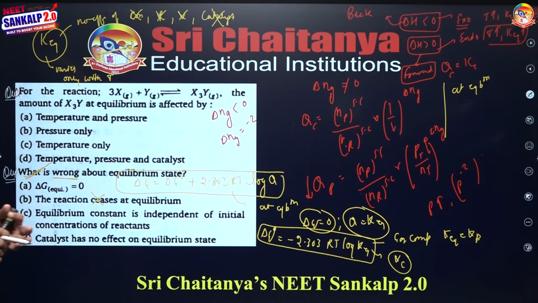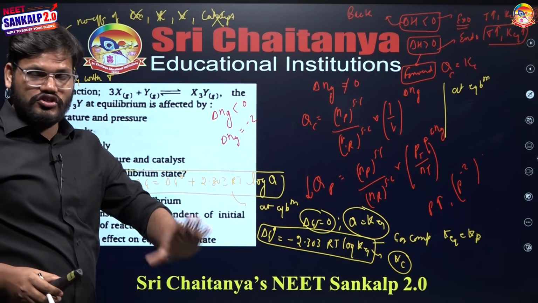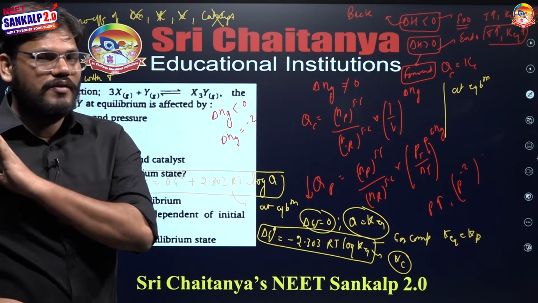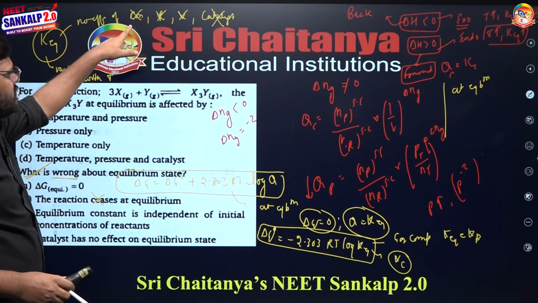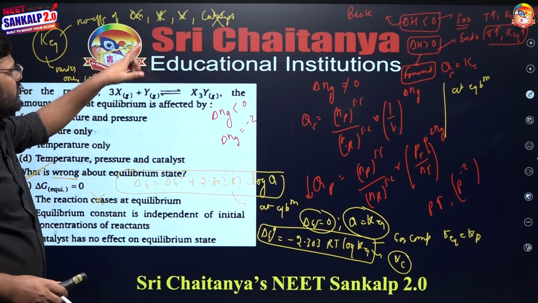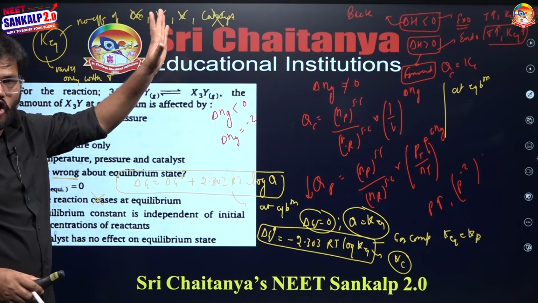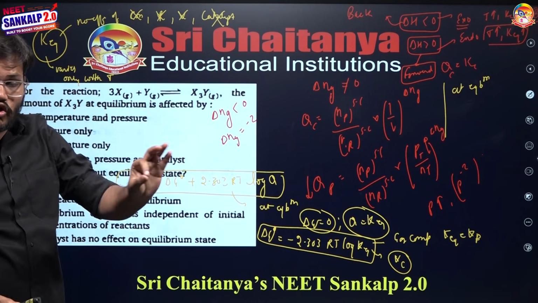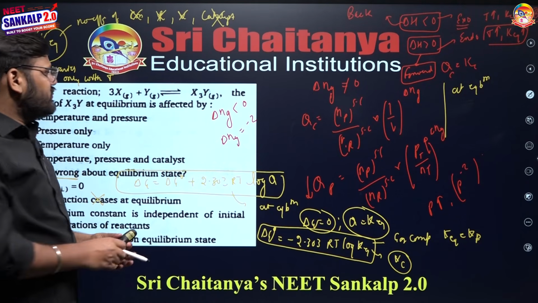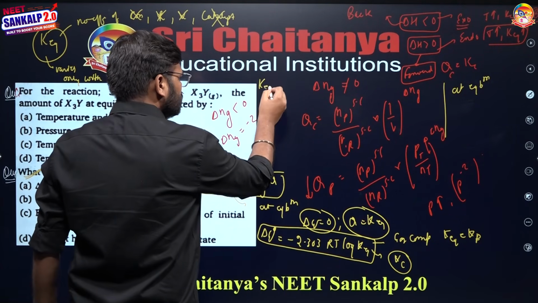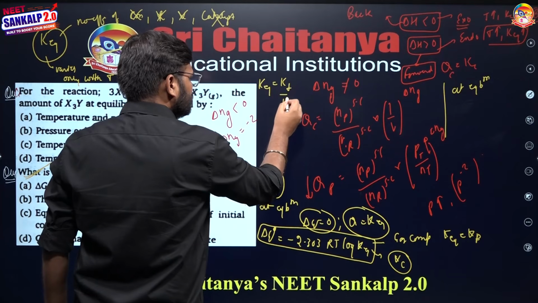K equilibrium, that is acid dissociation constant, base dissociation constant, any type of equilibrium constant, will not be affected by concentration of the reactant or product taken, or pressure, or volume, or catalyst. Addition of catalyst also does not have any effect on the K equilibrium constant. What is K equilibrium? It is K forward by K backward.